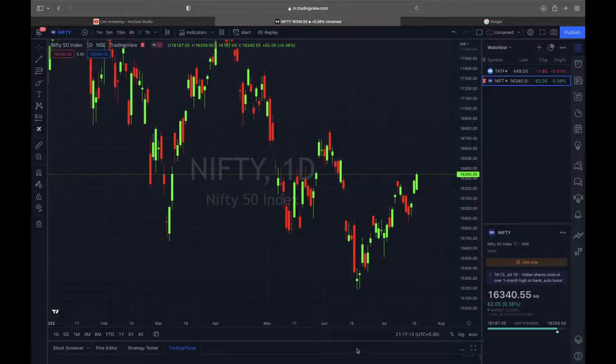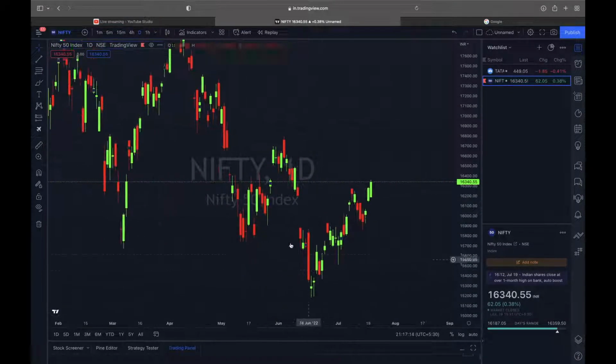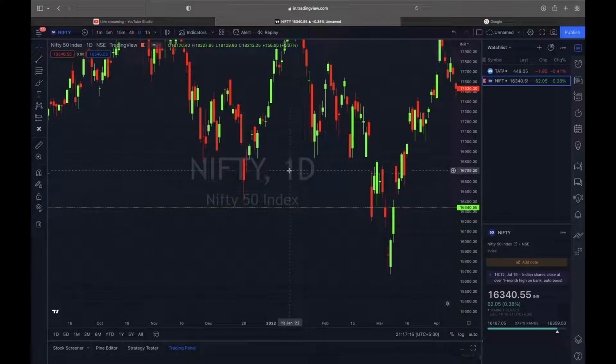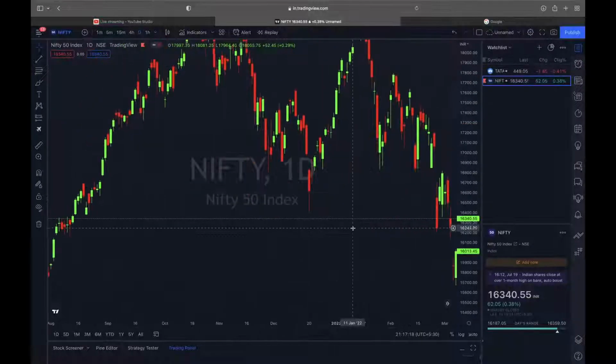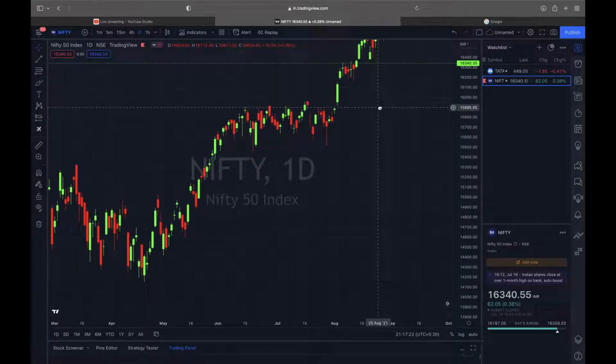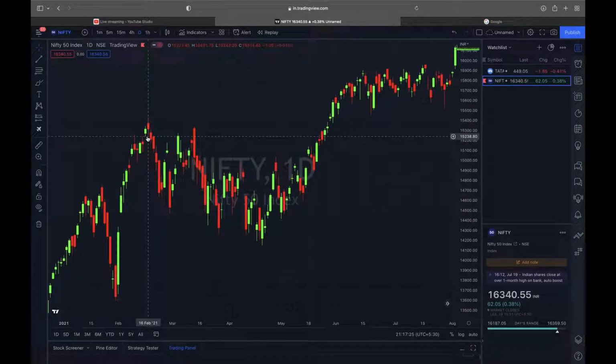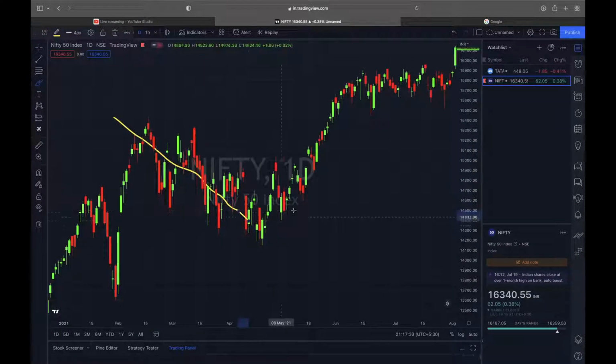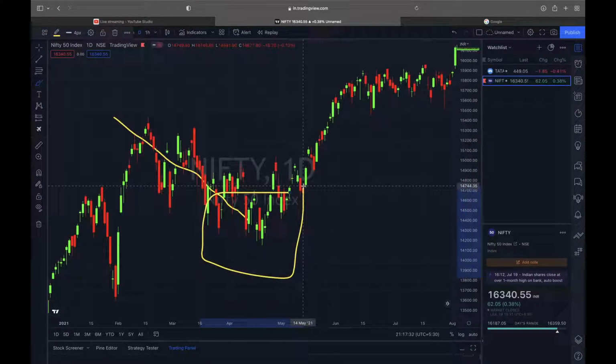It was told that it will be formed in a downtrend. Let's spot a downtrend. For example, you can see, is this a downtrend, coming down, down, down? Okay, so I'll spot somewhere over here.